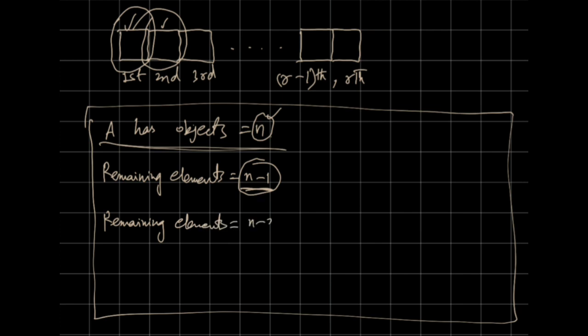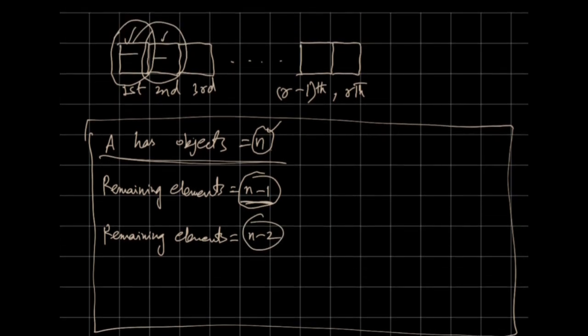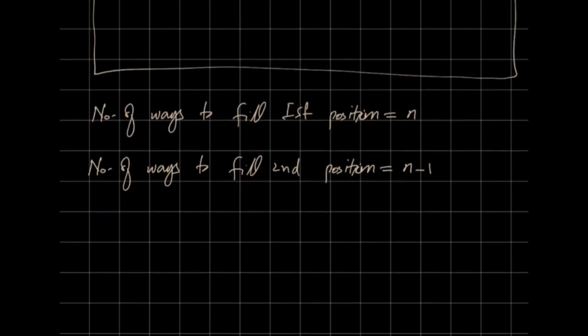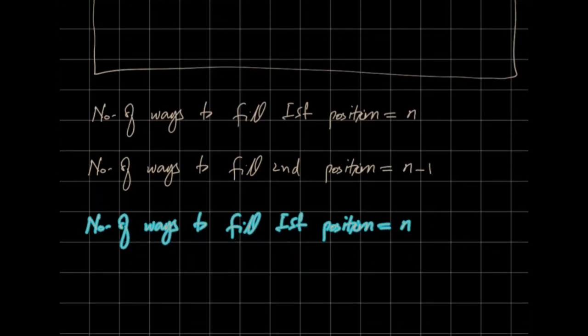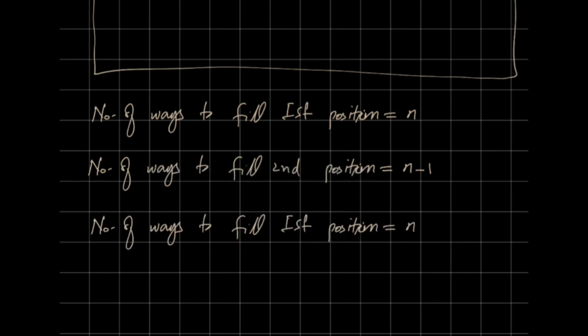N minus 2, because we have consumed one more element. First element here, second element here, and we have left n minus 2 elements. So how many choices are there to fill third position? N minus 2, right? So number of ways to fill third position are n minus 2.